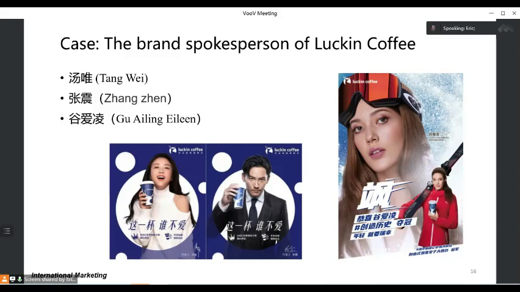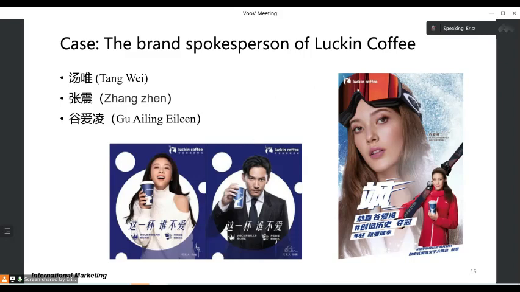So we find more and more brands want to find a spokesperson to endorse their brand and product. This activity is very useful, and a lot of brands want to invite celebrities to endorse them.